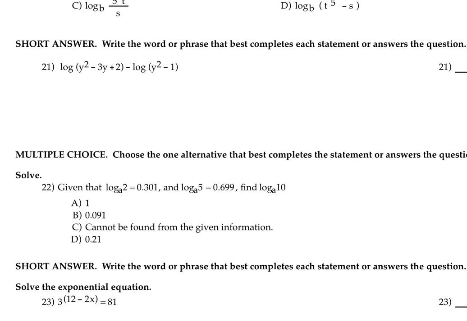21, I had a lot of questions about this one on Friday as well. Basically, it's the same directions where if I have multiple logs, I want to simplify this as much as I possibly can, okay? So we're going to go from multiple logs into a single log. Because I have a minus sign in between my two logs, how am I going to write those two expressions?